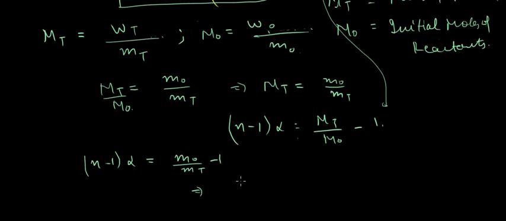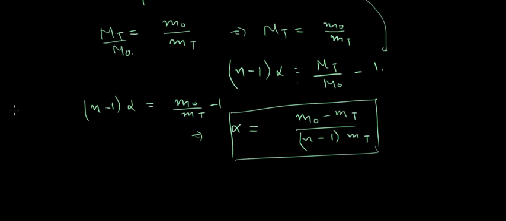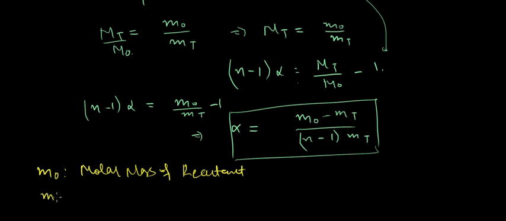So now solving for alpha, we get (MO minus MT) divided by (N minus 1) MT. Where obviously please remember that MO is the initial molar mass of the reactant, and MT is the molar mass of the mixture at equilibrium.